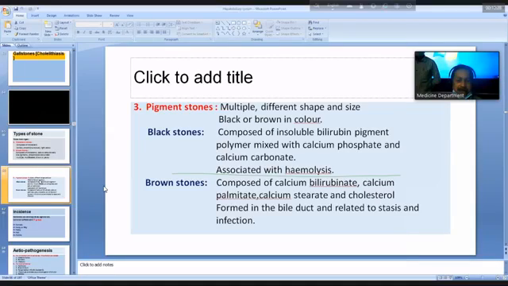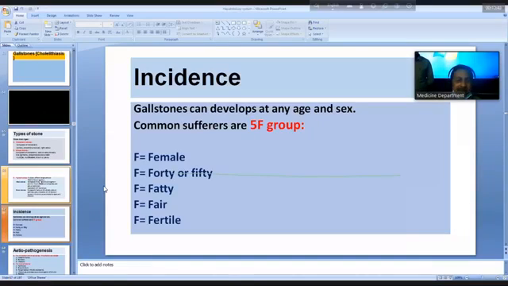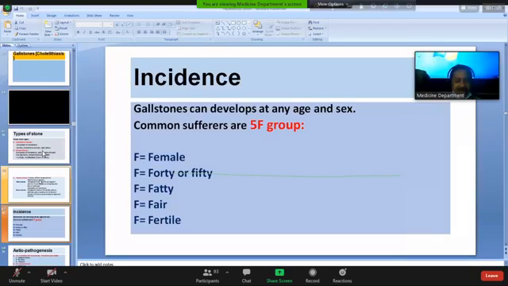Now we have to consider why there is formation of the stone in some individuals. We can observe that stone formation in the gallbladder is much more common in a group of people who can be remembered by the 5F of gallstone. Those who are more prone definitely have these criteria, which can be remembered by the 5F.